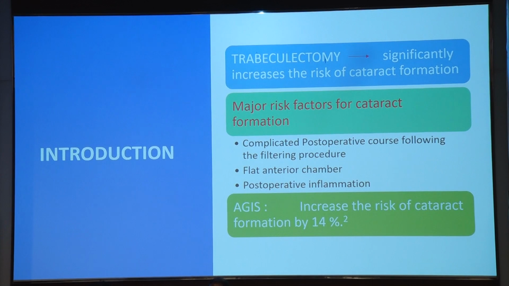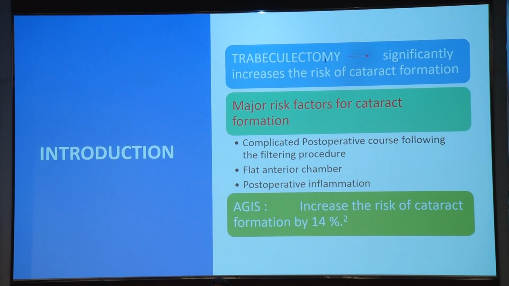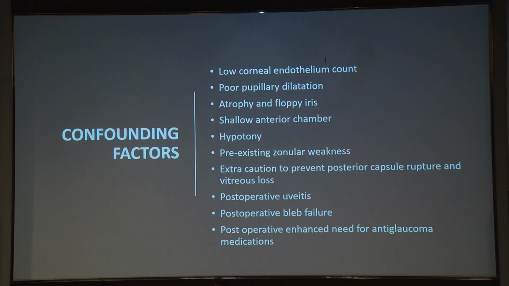This has been taught to us for many years now. Major risk factors for cataract formation are a complicated post-operative course following the filtering procedure, flat anterior chamber, and post-operative inflammation. As we all know, one study says that there's an increased risk of cataract formation by 14% post-trabeculectomy. So what are the confounding factors?